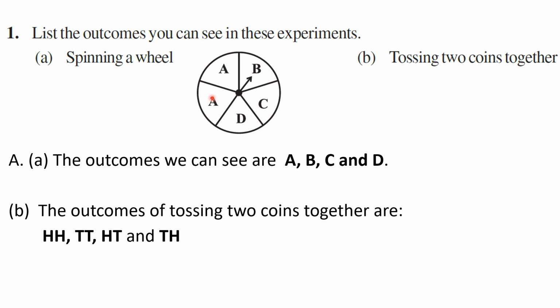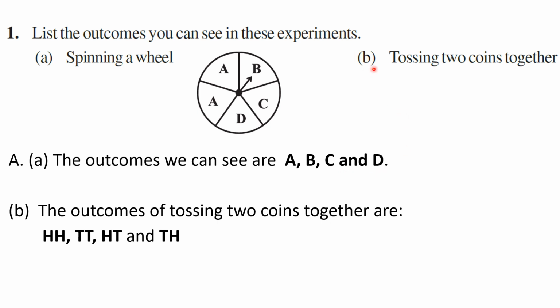There are 5 sectors. But A is marked on 2 sectors. So no matter how you spin this wheel, this pointer will come to either A, this A or this A, or B, C, or D. So really speaking, there are only 4 possible outcomes. So the outcomes we can see are A, B, C, and D.